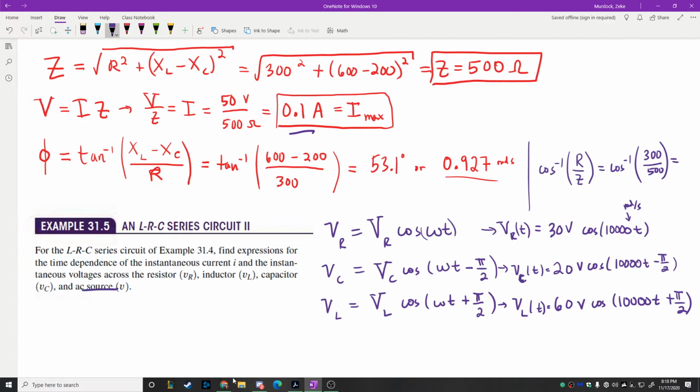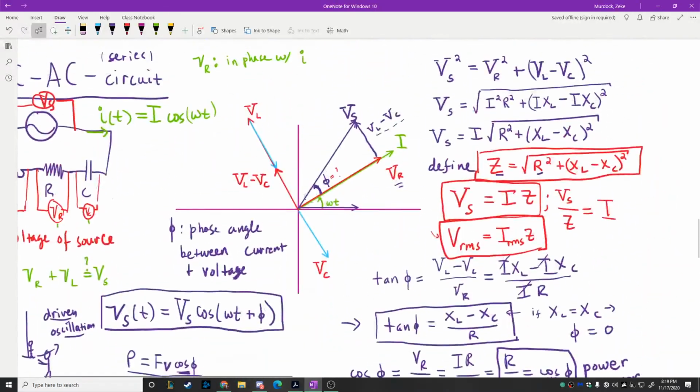Voltage across the source. This is the one where we can actually use our value for phi, because the voltage across the source is equal to big V, 50 volts, times the cosine of omega t, and now we have to... Is it add phi? We add phi, right? Yeah, because when phi is positive, it's ahead.